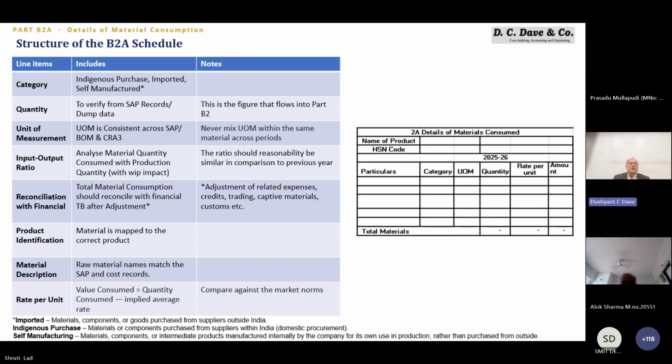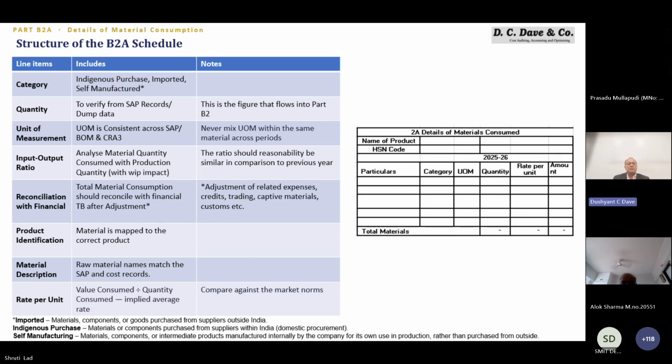Is there a change in suppliers? Has the valuation policy changed? Because the valuation policy could be FIFO, LIFO, or weighted average, and if you change the stock valuation policy, it will again affect the numbers. Have import duties changed?